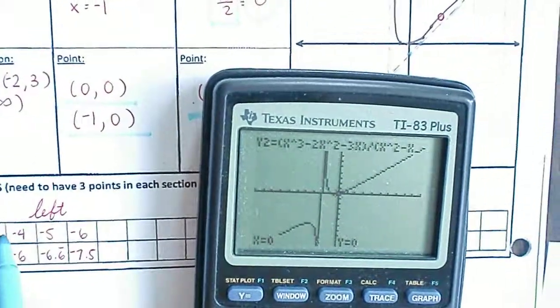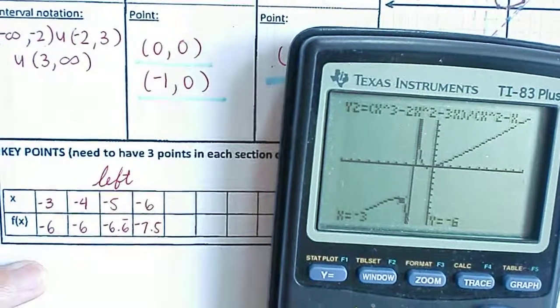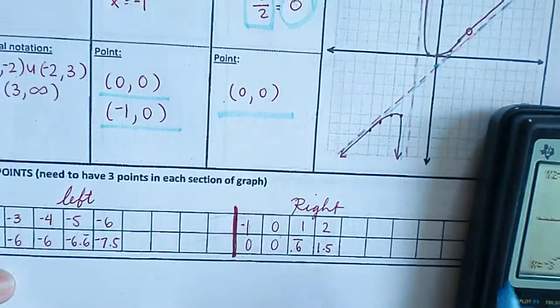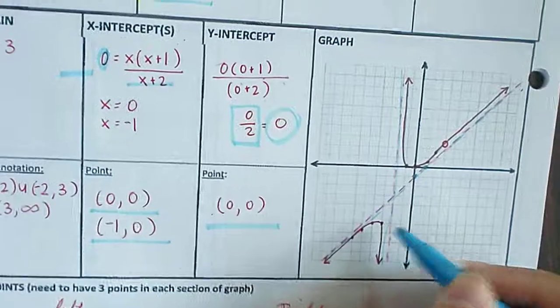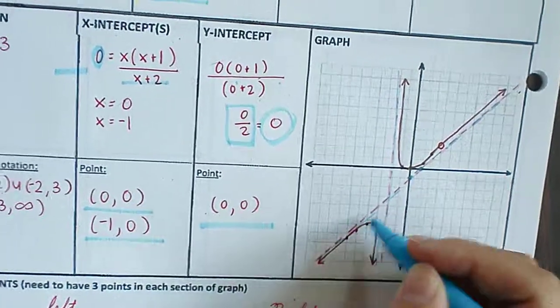So if I want to find the point at -3, I'll put in -3, and that gives me -6. I continued this step for all the following numbers. Then I can put all the points on the graph, connect the points, and this will give me my graph.